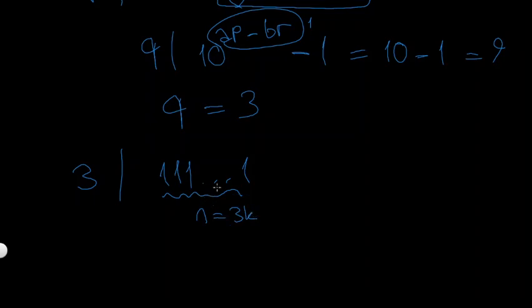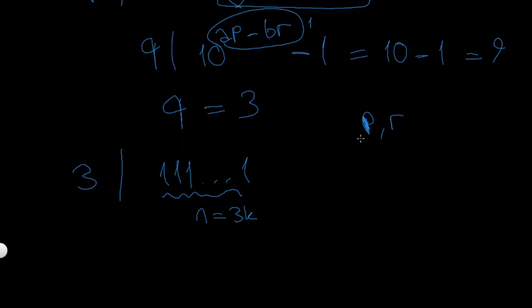But since I want them to be relatively prime, I can just pick all of the numbers p and r that are relatively prime with it, such that they are not multiples of 3. And if I say that, then 3 won't divide any of these numbers.